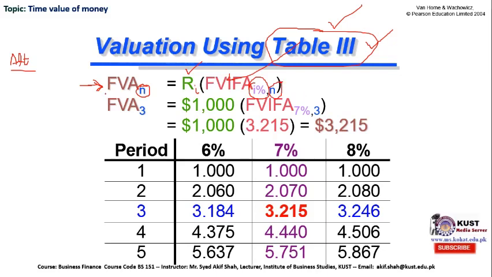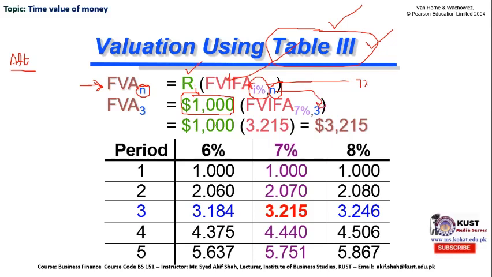So you can simply put in the values. The R, which is periodic cash flow, in our case was $1,000. Future value interest factor 7%, because the I rate given in our prevailing example was 7% and N was 3.